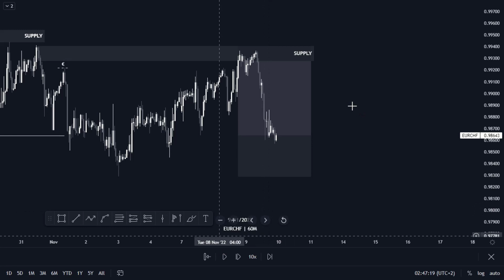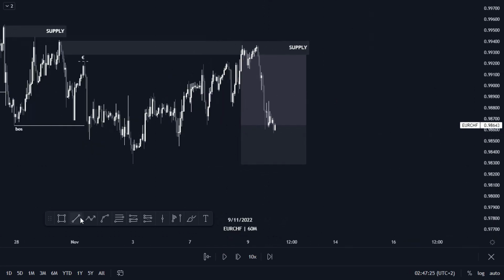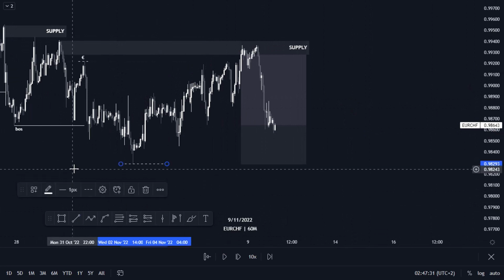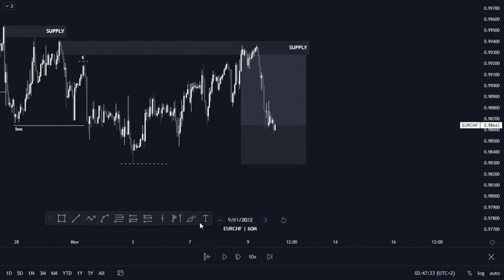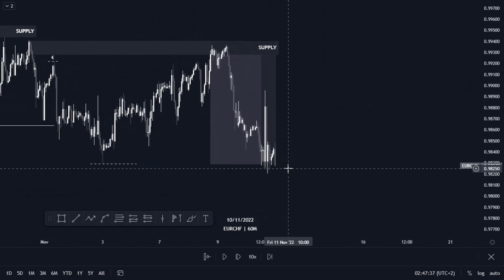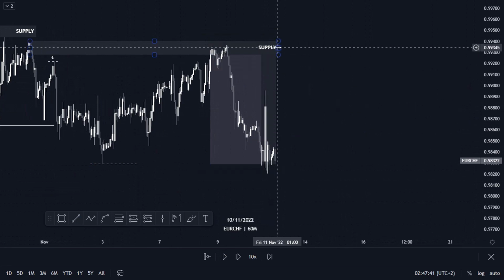Okay, so now let's see what price does. Price hasn't mitigated our take profit yet, as our take profit is here at this low. Yes, so let's see what price does. So price beautifully takes out our take profit.